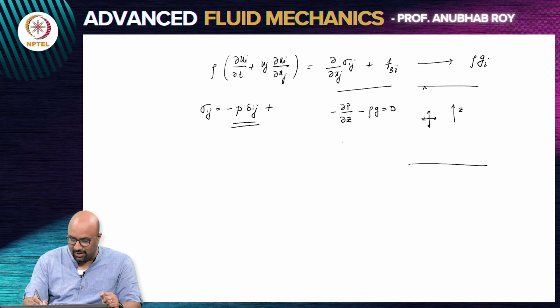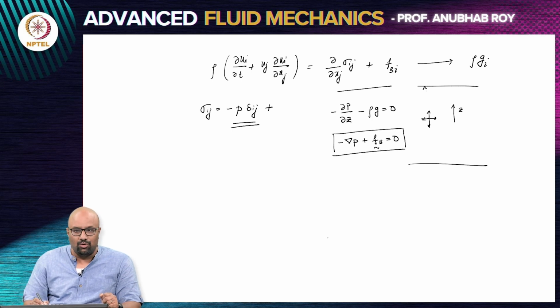Or if you write it in a vectorial form, that will be minus gradient of p plus whatever is your body force. So, this is an equation of force balance for a fluid which is in static state, a hydrostatic scenario.